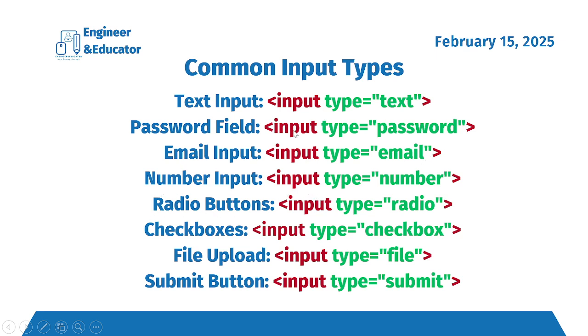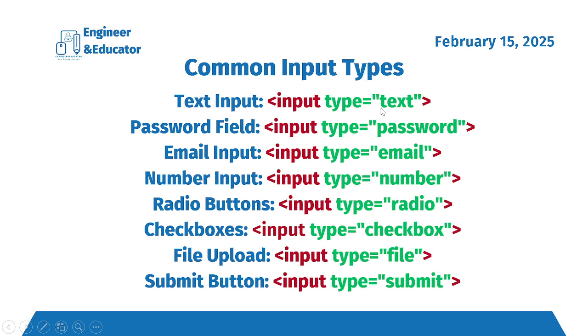The tag used is the same in all cases, but in order to get different inputs from the user, you give an attribute inside the input tag, and that attribute is the type attribute. So according to which input you have to get from the user, you change the type.